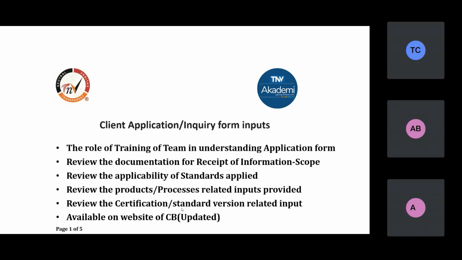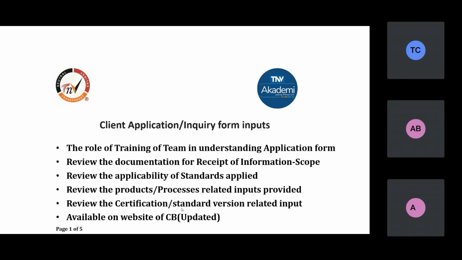Scope is one of the very important points, and since this inquiry form is the initial stage of the certification process, scope needs to be filled in properly, captured properly, reviewed properly, and verified, and a decision should be taken on the technical requirements of the scope, so that a good grip starts from the first stage, where we know what the scope is, what the activity is, what the products are, what the processes are, what the units to be covered are, what countries are to be covered for the same unit, what states, and what locations. All of this is going to define the scope.